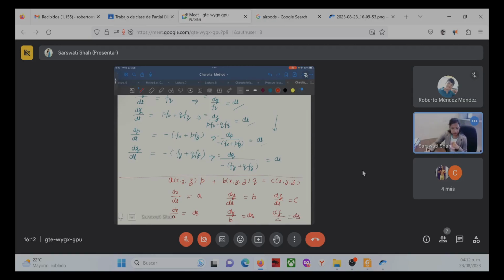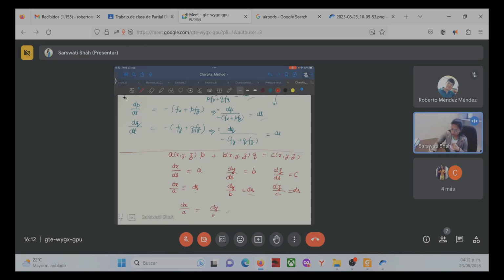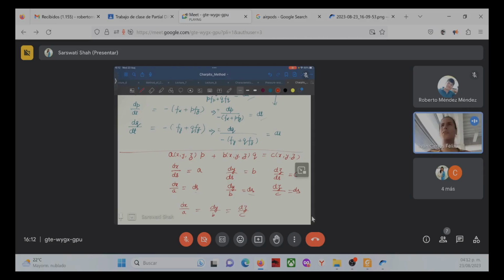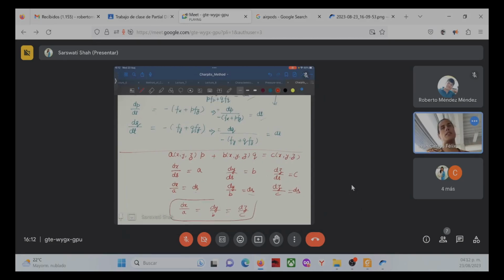We keep it together because this parameter is the same, and as soon as we keep it together, this is nothing but our Lagrange's equation. So the nonlinear method of characteristics is equivalent to Charpit's method.